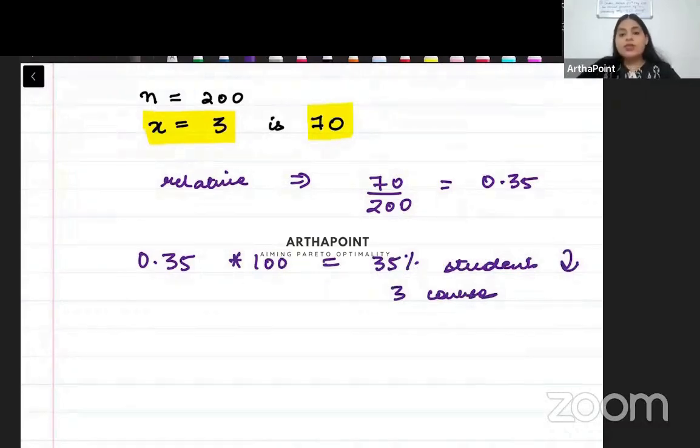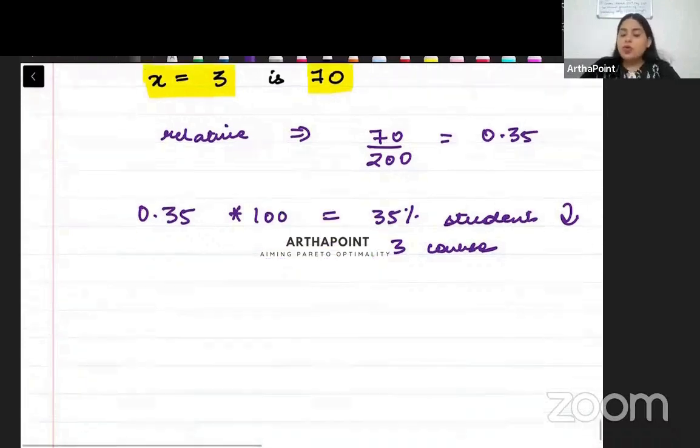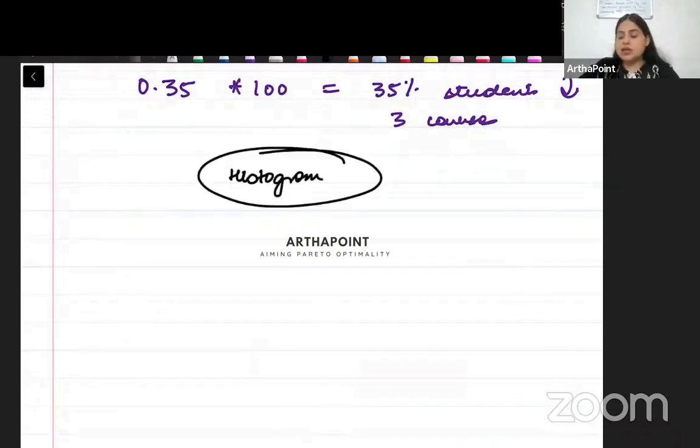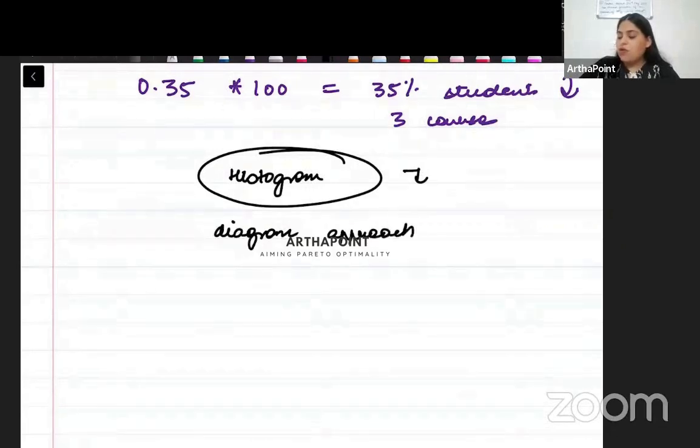So relative frequency is also going to help you identify the percentage. In very simple terms, it is telling you what is the proportion of people who are doing a particular task. Now, from here, I want to talk about histogram. A histogram basically is a diagrammatic approach of these relative frequencies.